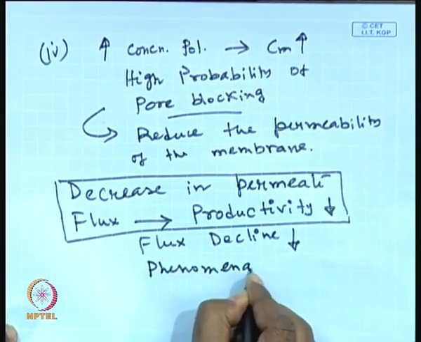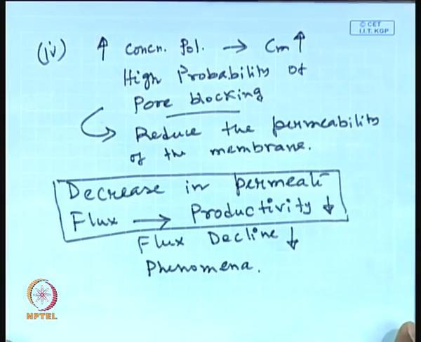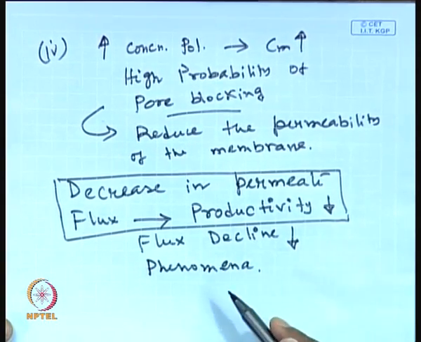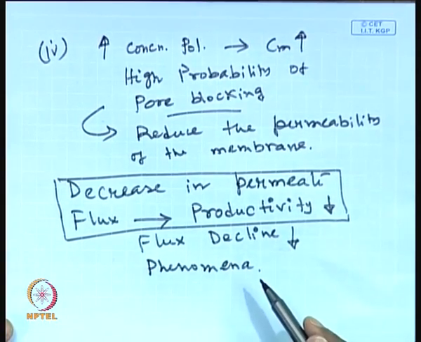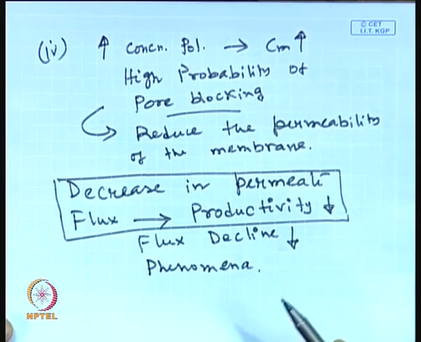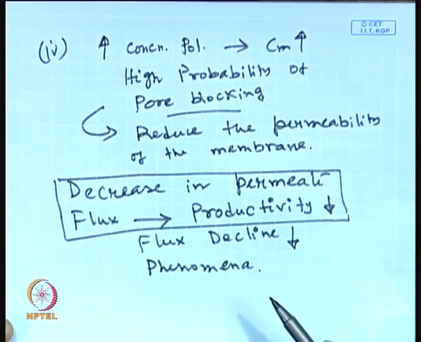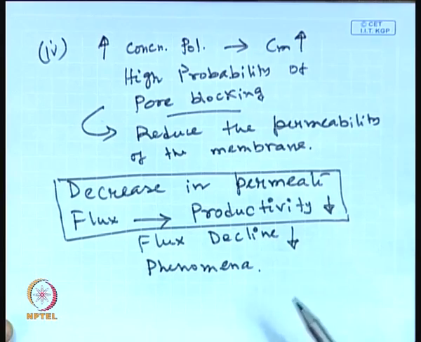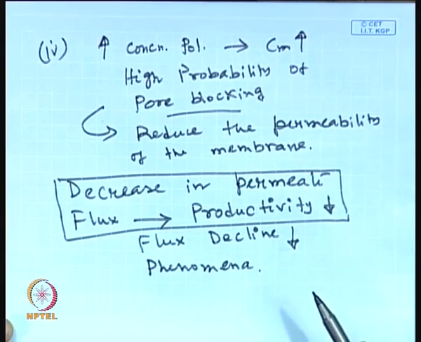Now, there is considerable research going on nowadays to minimize the flux decline. This concentration polarization cannot be avoided, it is always there, but it can be minimized, and there are several techniques for minimizing it, and we will be looking into some techniques later on in our course. Okay. Now, let us look into fouling.